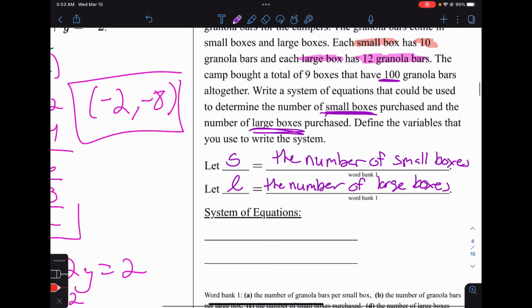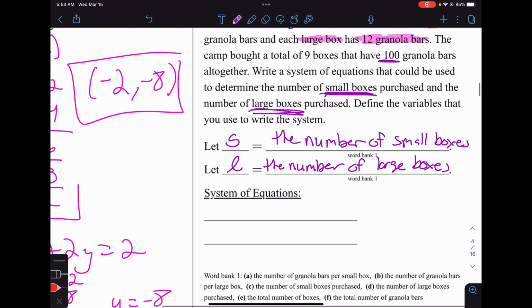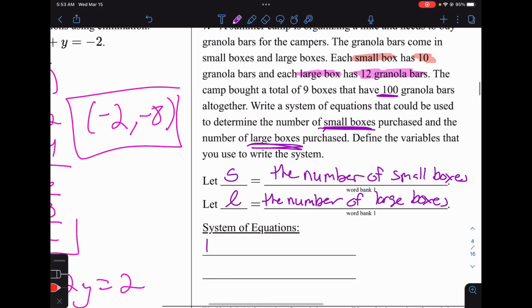So one equation we could set up is 10 times my number of small boxes plus 12 times my number of large boxes is going to give me 100 granola bars. Because that makes sense, right? However many small boxes I buy times 10 represents the granola bars from the small boxes. However many large boxes I buy times 12 is going to represent how many granola bars come from the large boxes. They told us that in total, we're supposed to have 100.